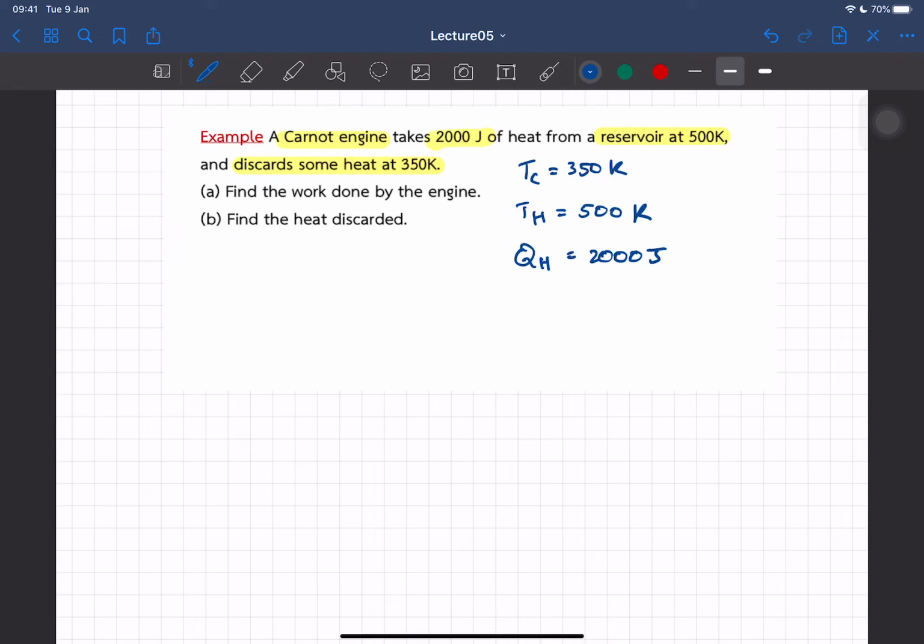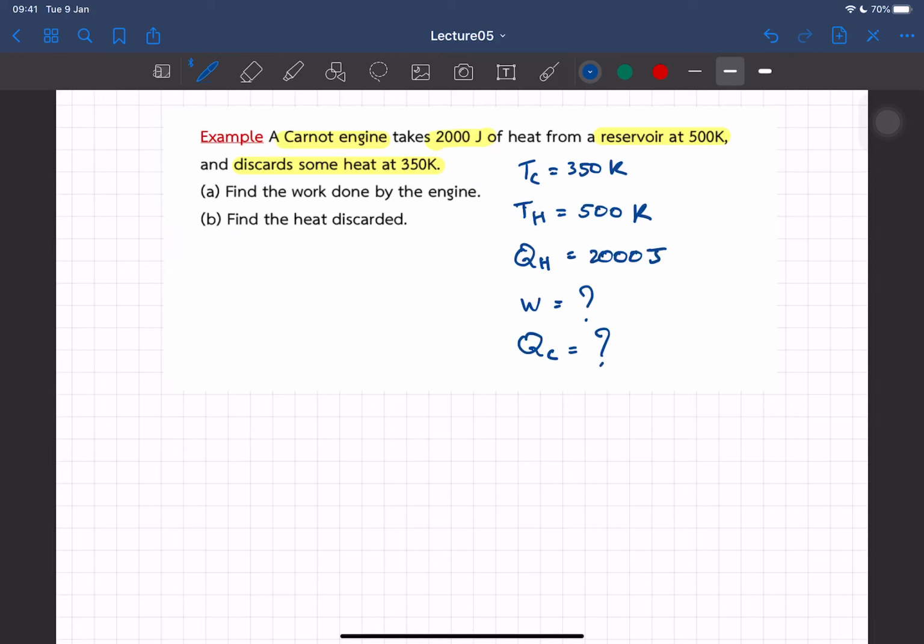So what do we need to find? We need to find W, and we need to find the heat discarded or thrown away, QC, at the cold side. Right. So normally, if we don't say that this is a Carnot engine, we really cannot say much. We cannot do anything because there's not enough information.